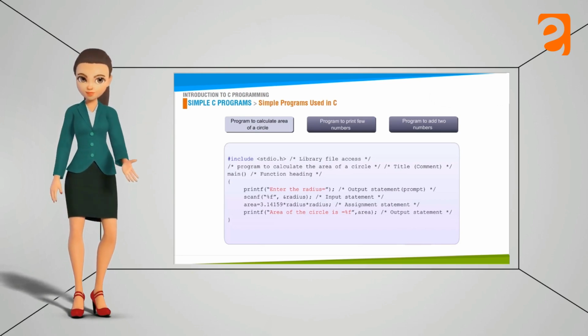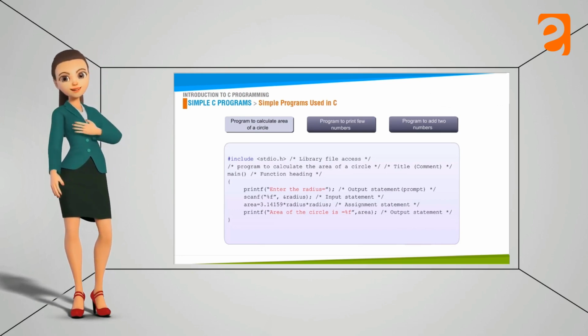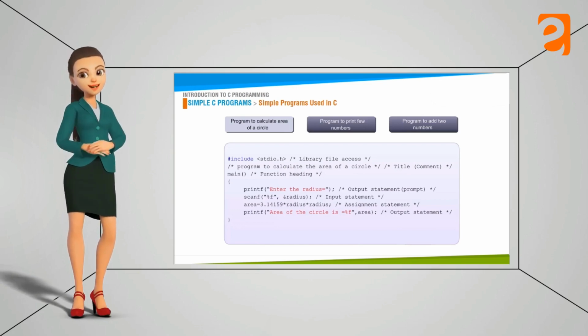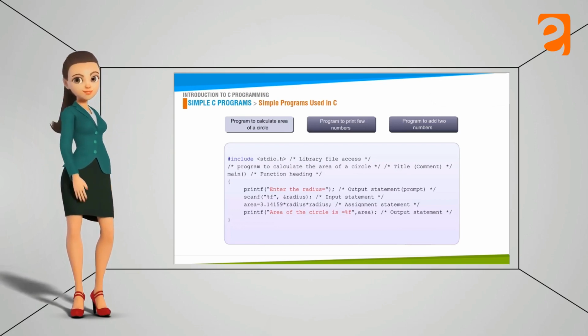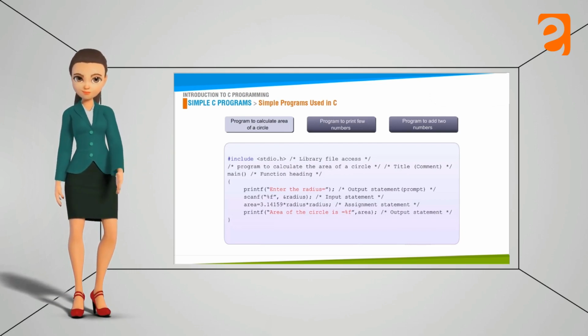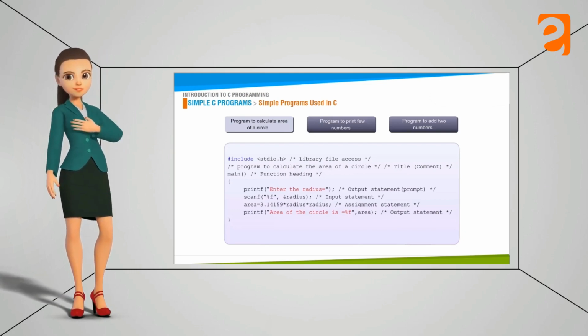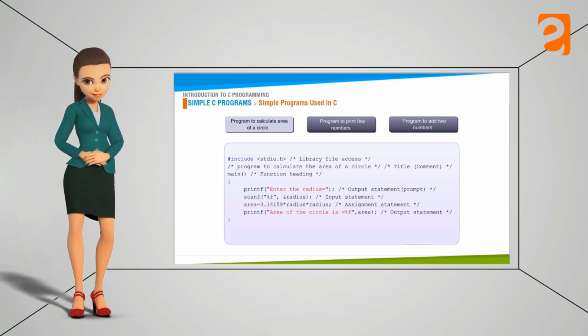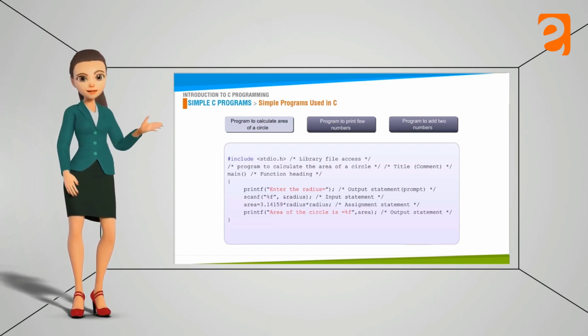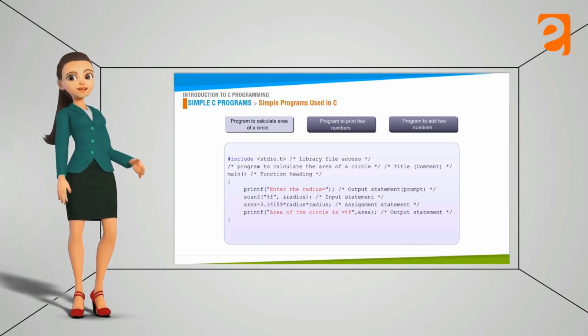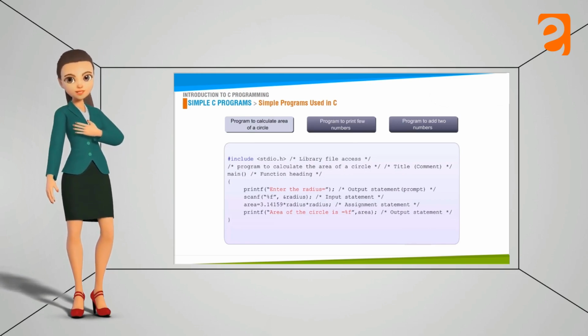The assignment statement assigns a value to the variable area and calculates the area of the circle, which is nothing but the product of pi and square of the radius. The output is printed using the printf statement, which displays the area of the circle calculated in the previous step.